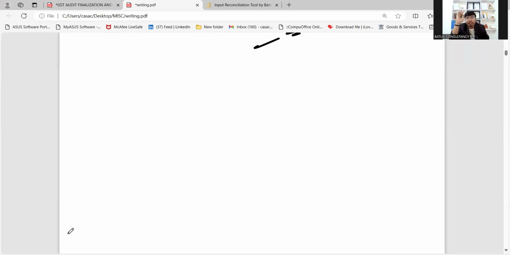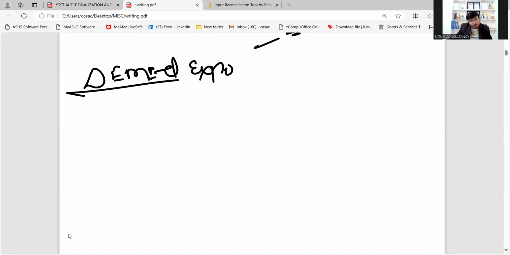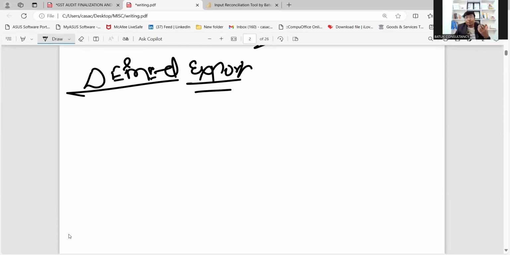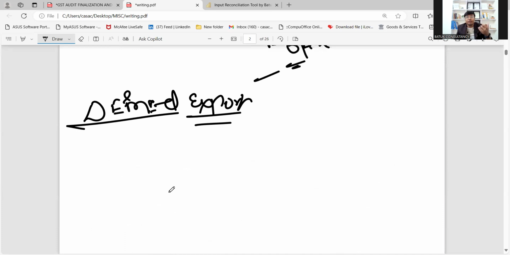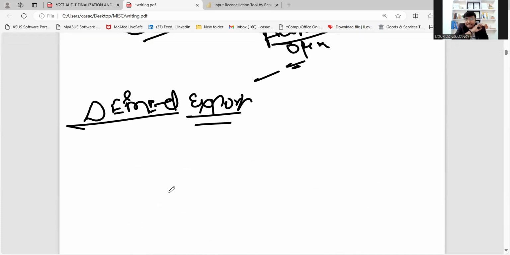Suppose there is certain deemed export. What do you mean by this deemed export? Sir, once confirm to me in the chat box that this concept related to special economic zone is okay for you, and what you think you need to check in this case.